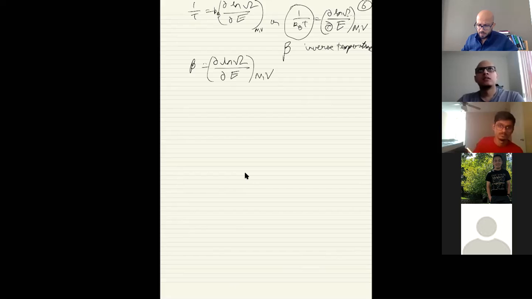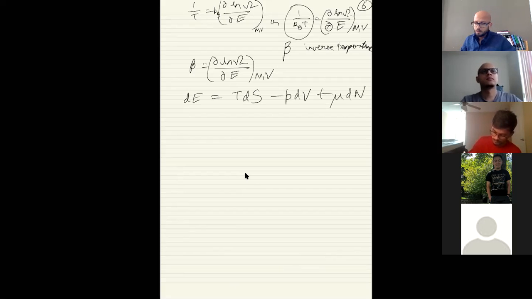Great. What else can we get out of omega? How should we do that? We can use our integrated first and second law of thermodynamics, right? dE is equal to TdS minus PdV plus mu dN. This is why I mentioned in the thermo refresher, never forget this equation, the integrated first and second law.